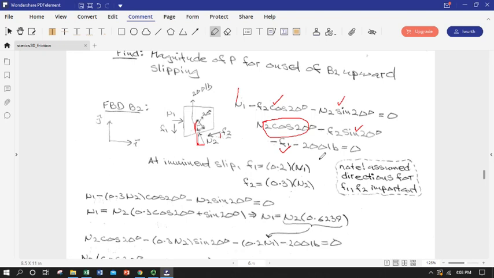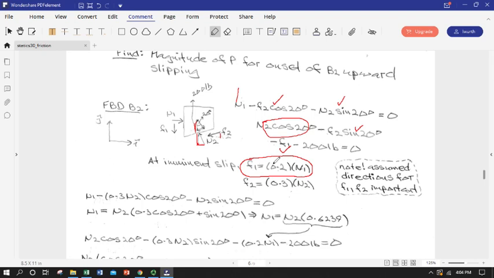We can get rid of a couple of these by invoking imminent slip. At imminent slip, everything's ready to move, so I can drop in my normal forces for each surface, which are not going to be the same, and my coefficients of static friction for each surface, which happen to not be the same either.